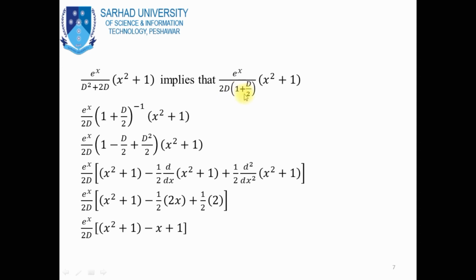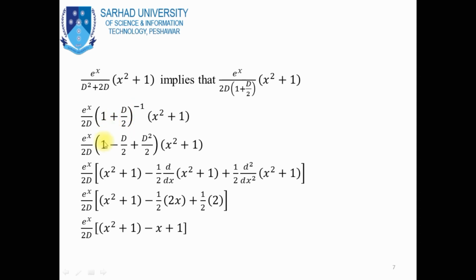Now 1 plus D by 2, shift to the denominator, we obtain the binomial expansion again. And now the given polynomial has degree 2, so we will expand the binomial expansion (1 plus x) power n up to 3 terms: 1 plus nx plus n into (n minus 1) divided by 2 factorial x square. So D by 2 represents, suppose, x.